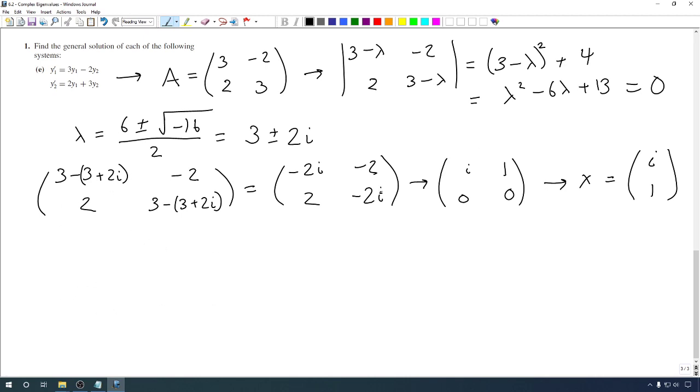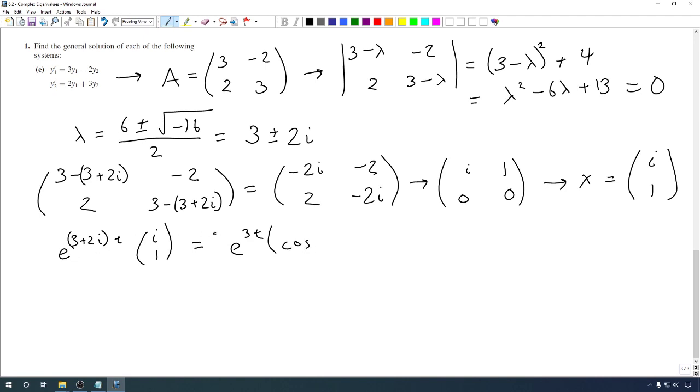So that's our eigenvector. If we take our e to the lambda t, so our lambda here is 3 plus 2i times t. So keep in mind, this lambda is multiplied by t. We're not just putting that number into e to the x, times this vector. And we're going to expand this thing out. So remember, this thing here is e to the 3t times cosine.